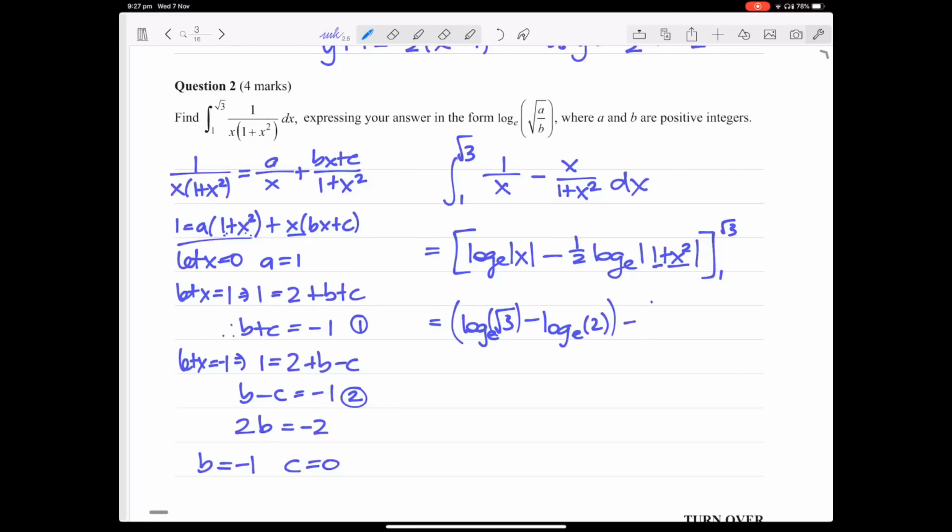And then minus, log e of 1 is 0. Log e of 2, I'm going to get minus log e of root 2, because I've got that half out the front. So we have log e of root 3 minus log e of 2 plus log e of root 3.